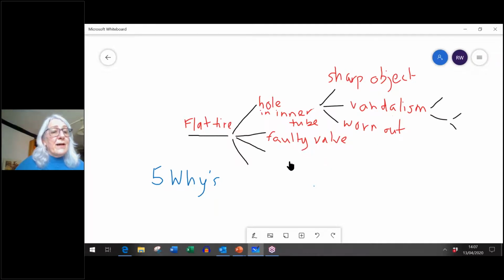So underinflated tyre, check that my tyre has enough air in it before I set off on a journey. We've already talked about what to do about sharp object in road. Sometimes people think, oh, well, maybe I'll go on a different road. That may not be an option. And we know that sharp objects on roads are reasonably random.